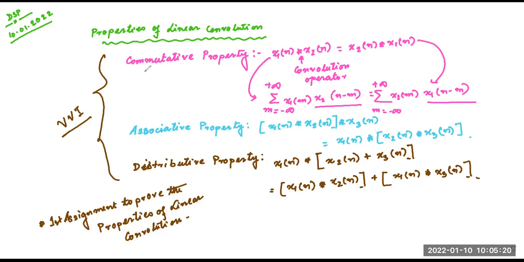We have to prove these properties, commutative, associative, and distributive. I will give it in the Google Classroom today and take it on Wednesday. No, not Wednesday, tomorrow. One day is enough for solving this problem. There is not much derivation. So today I will give the assignment, and tomorrow up to 5 p.m. is your time for submitting it. And this is your first assignment.